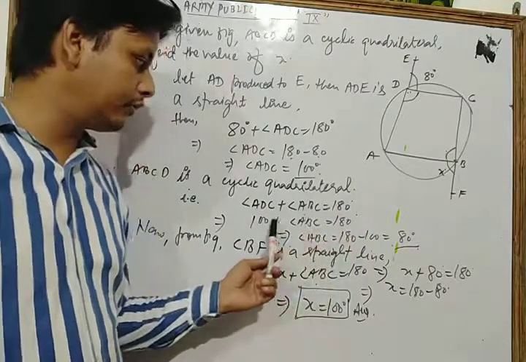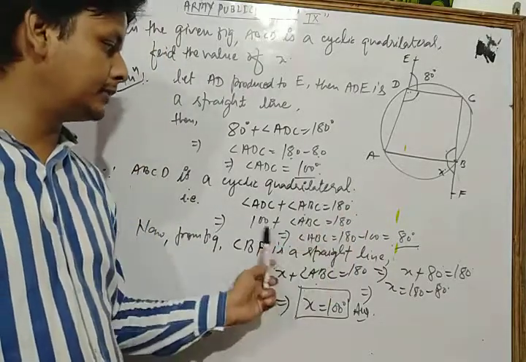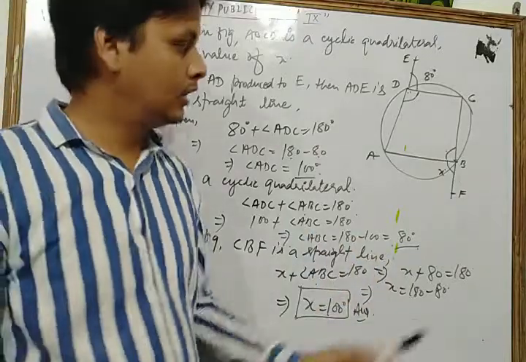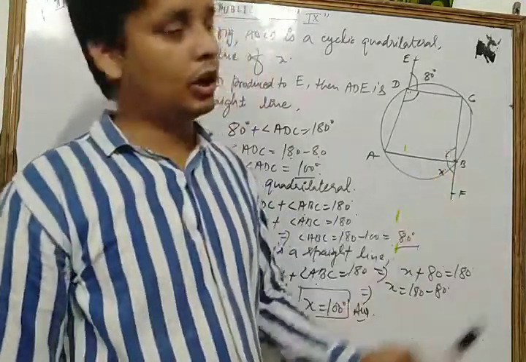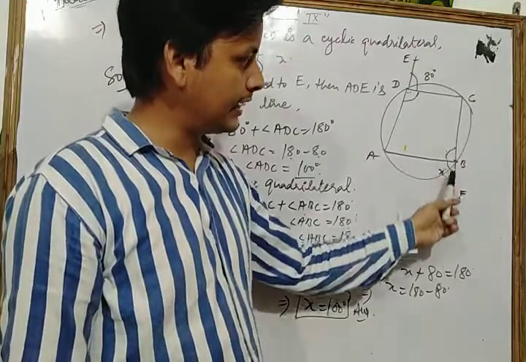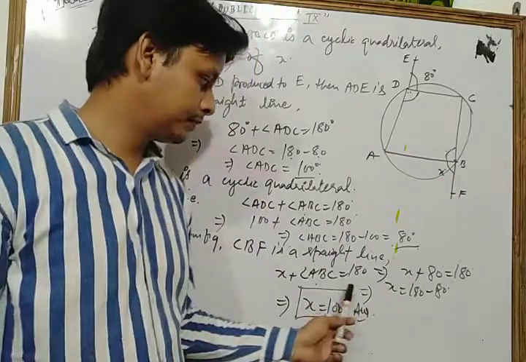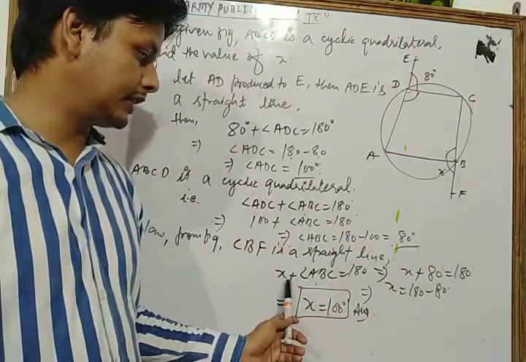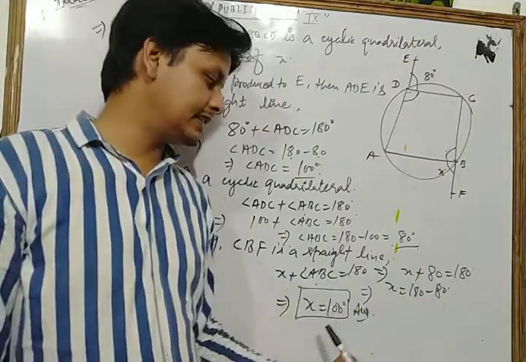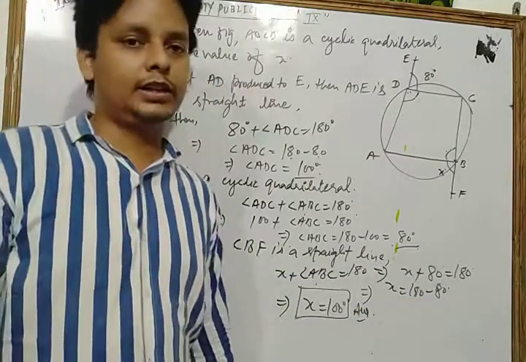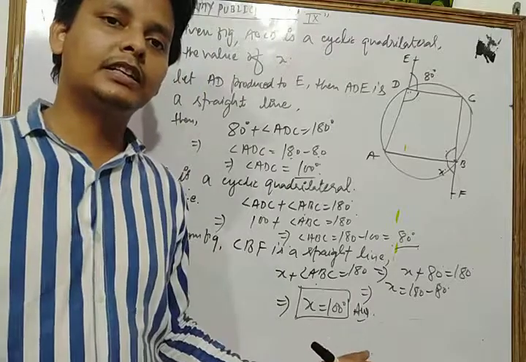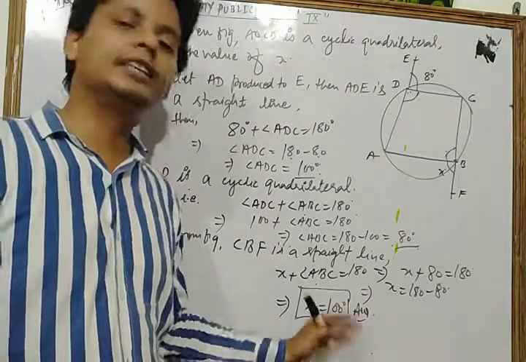In this way we find angle ABC is equal to 180 minus 100, as 80 degree. Now again from the figure the sum of this and this is 180. So the value of X is 180 minus 80, as 100 degree. So dear students, this is your complete answer: X is equal to 100 degree.